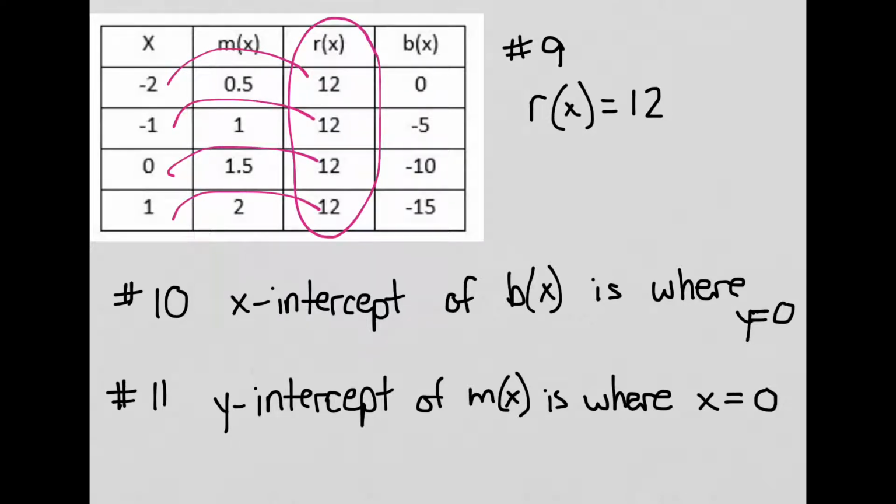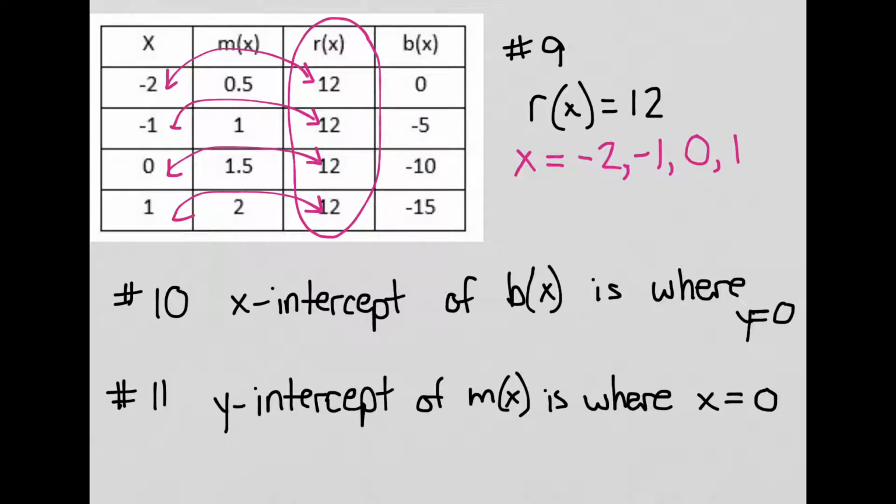Hey, do you remember from our mappings, is it okay if all these soccer moms go to the same soccer game? Absolutely. That's totally okay. So that means that we had 4 choices for X here: -2, -1, 0, and 1. Because the Y value, or R of X, equals 12 for all 4 of those. That's totally okay.